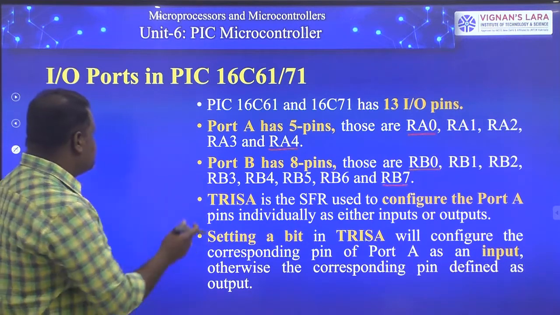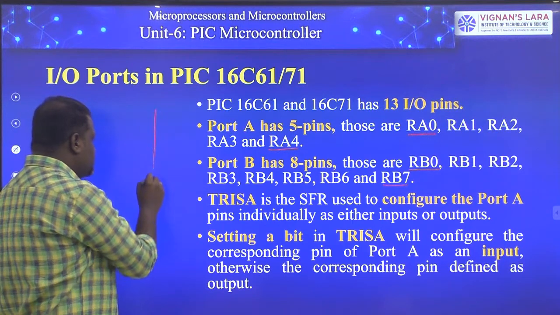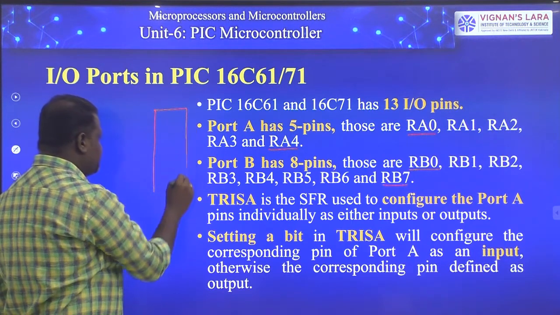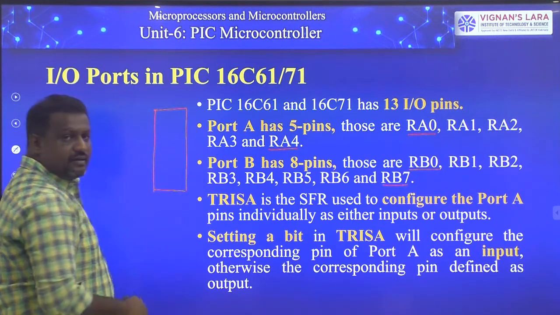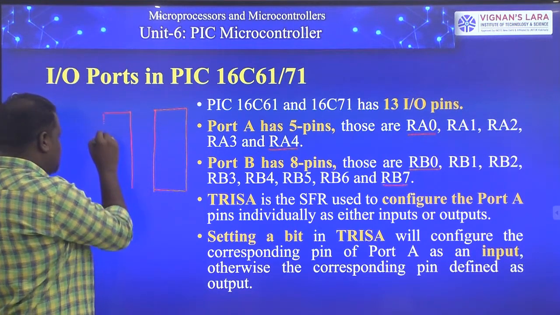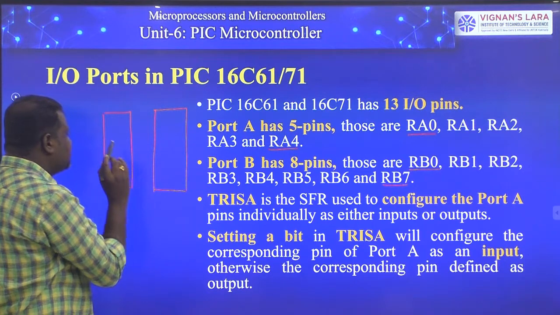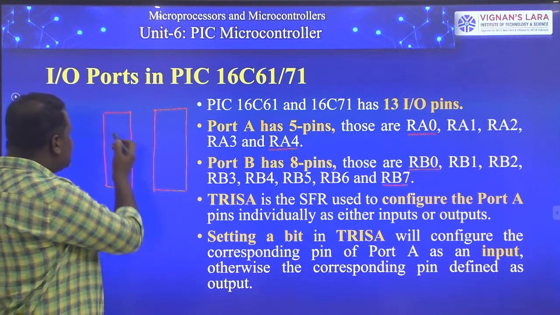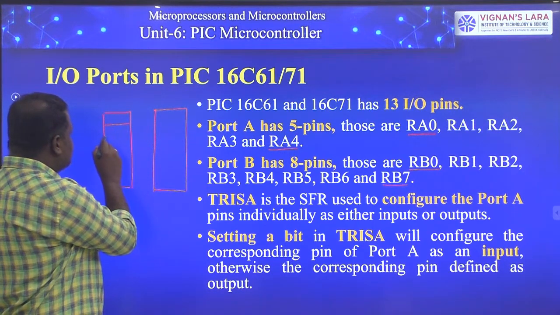See here friends, for example, this is my port A, and this is my data direction register TRISA. TRISA size is 5 bits.